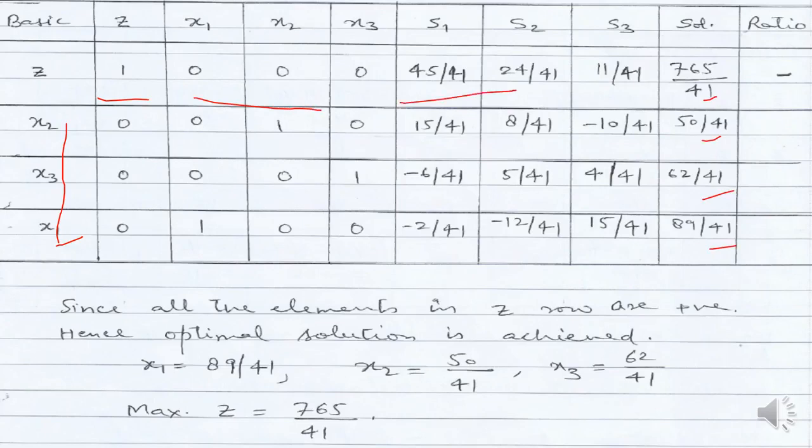When we see that all elements in the z row are positive, there is no negative element in the z row, it means we have reached our optimal solution, because it was a maximization type problem. So we can stop here, and our optimal solution is 765 upon 41. So maximize z is this, x1 is 89 upon 41, x2 is 50 upon 41, x3 is 62 upon 41. So this is our solution.